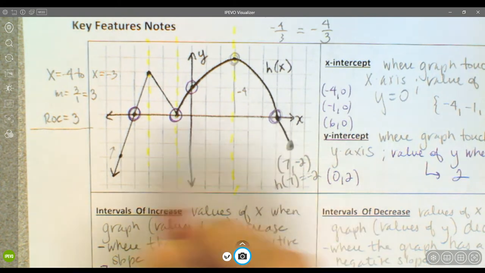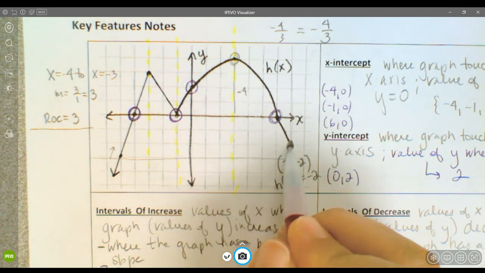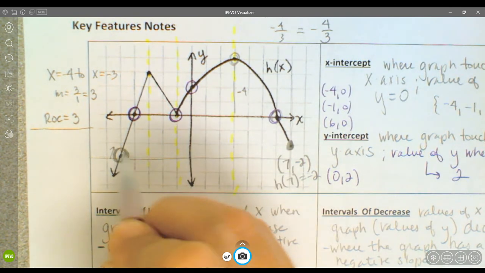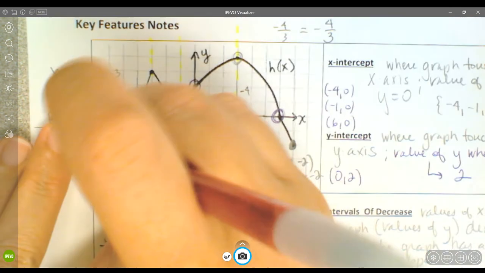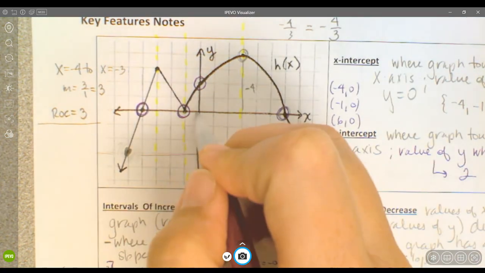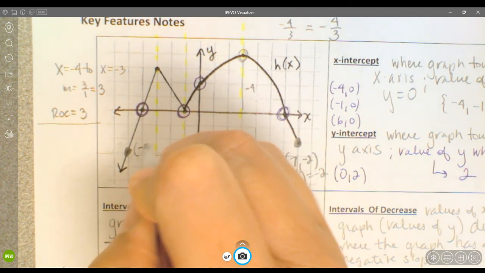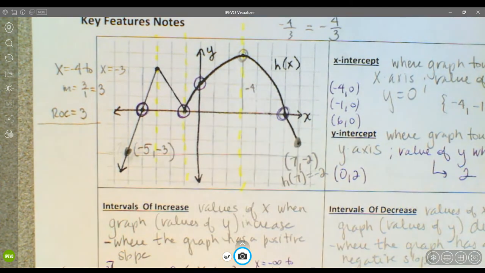So y equals 0, y equals -1, y equals... all right, so here is where y equals -3. And the only place it shows up on the graph is right there. Actually, let me just draw that as a point. What is this ordered pair? This ordered pair is 1, 2, 3, 4, 5. It's -5, -3.